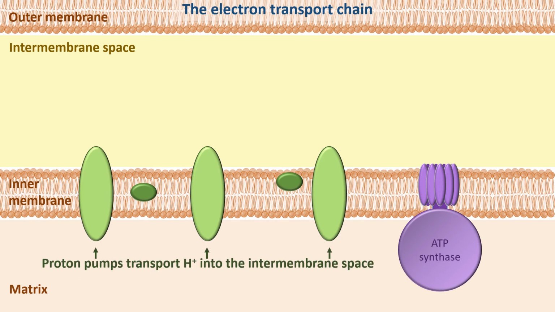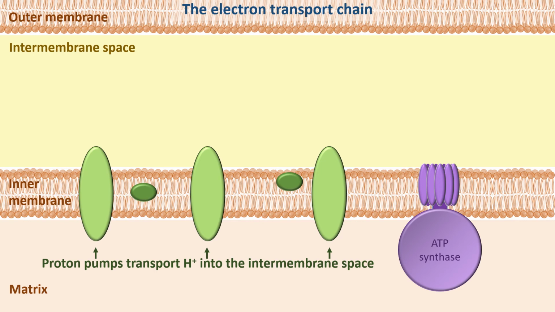Okay, the green blobs are proton pumps. Now, the word proton here, we're talking about H+. H+ has one proton in its nucleus and no electrons, because H, hydrogen, as an element, only has one electron. If it loses that negative electron, it becomes positive. It also has no electrons and one proton.